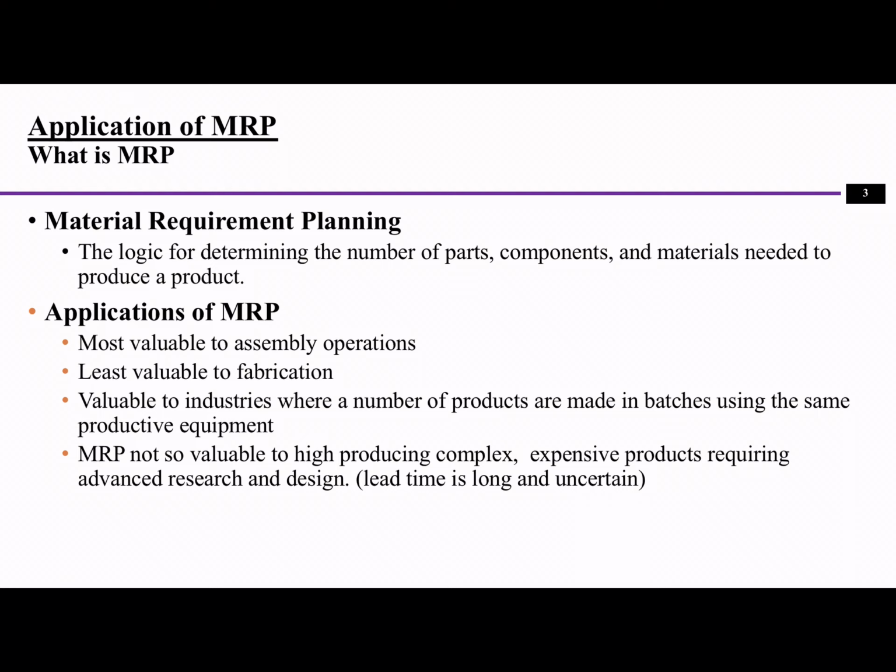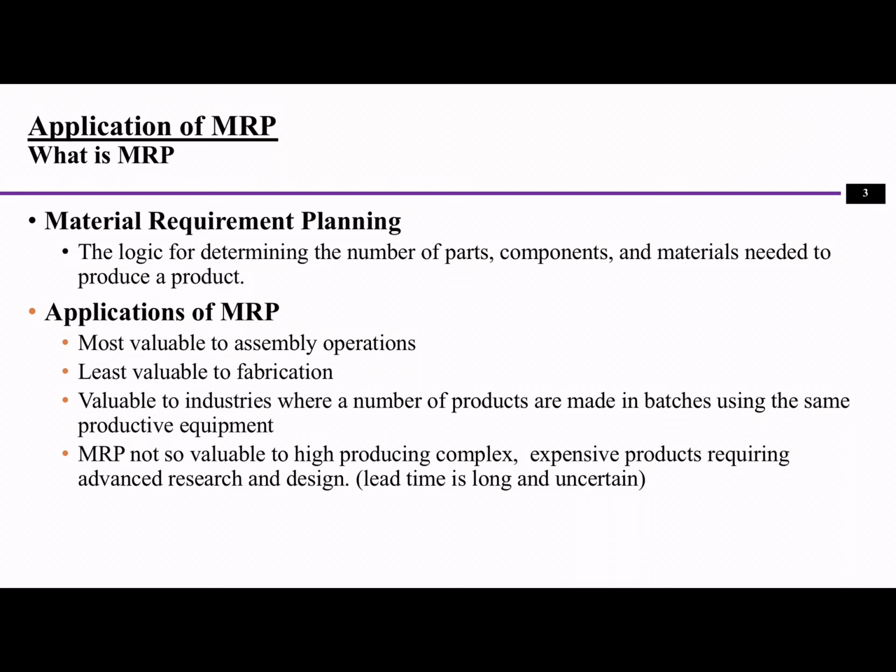All right, so next, the application of MRP. It's not always that MRP is very useful for all operations in manufacturing. It's mostly valuable to assembly operations because MRP mostly deals with the parts, items, and materials within a product. If a product only has one or two parts, then you do not really need an MRP system to deploy these different parts at a certain time.